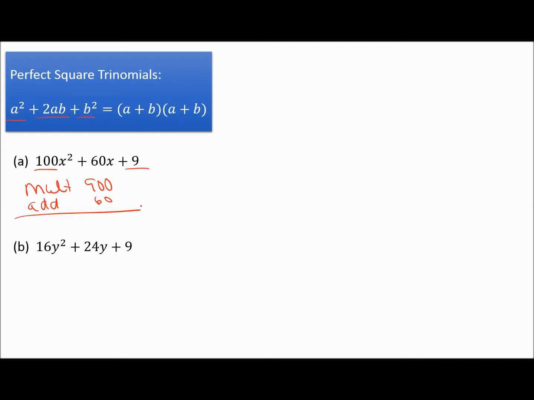When you exhaust all the possibilities, the numbers that multiply to be 900 and add to be 60 are 30 and 30, because 30 times 30 is 900 and 30 plus 30 is 60.